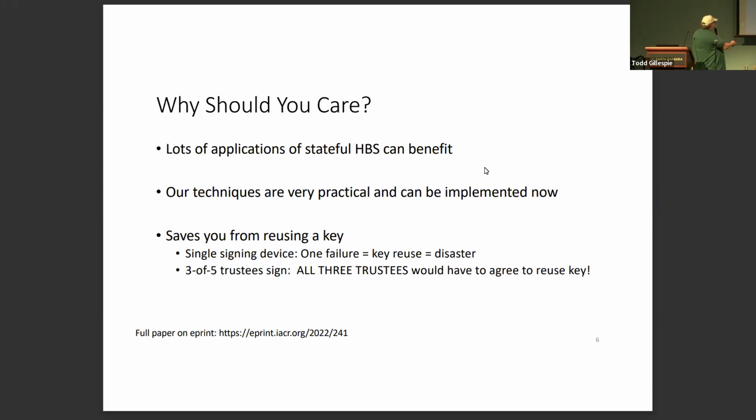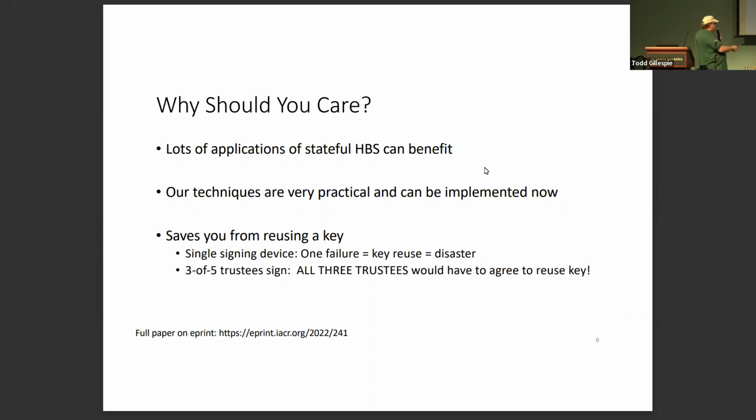So in this case, if you use, say, a 3 of 5 signature scheme, all 3 trustees have to agree on which one-time key to use. So only if all 3 trustees agree to reuse a key will you ever reuse a key. So this protects you against almost any way that you could do this accidentally, right? If 3 trustees want to screw you over, they can, but they already can because it's a 3 of 6 threshold scheme.